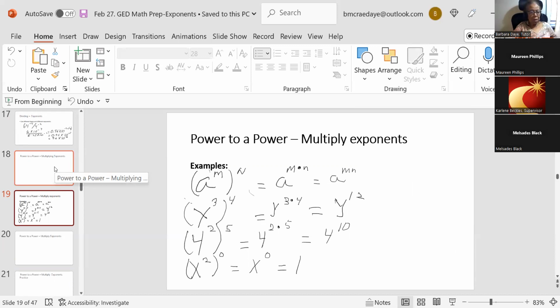I'll just introduce you to it, but we'll go over it with some examples next time. But the other rule, now we've done the multiplication, we just did the division. The assignment that I give you will be on division only.